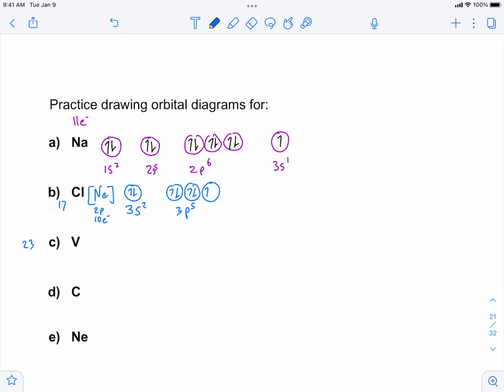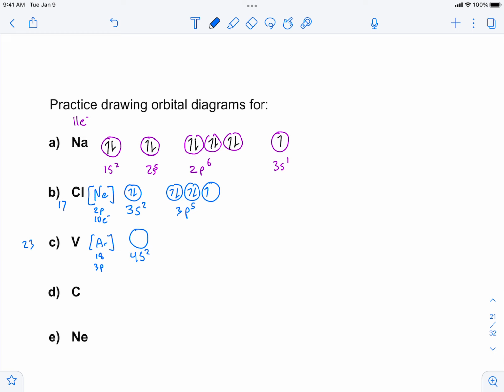So vanadium is 23. The bookmark which comes before it is what? Ar. Okay, so argon is 18 electrons, and argon is 3p. So after 3p comes what? 4s.